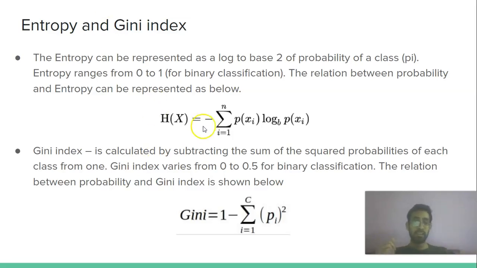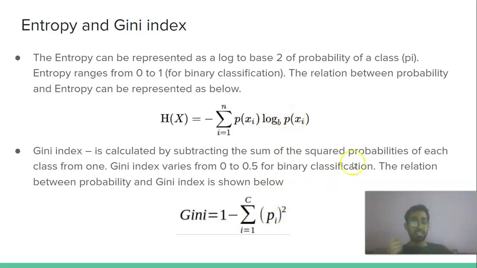So entropy is the negative summation of p(x) into log of p(x), where p(x) is the probability in that particular child node. Let's say there are 4 unfit and 1 fit, so the probability of unfit is 4 by 5 and the probability of fit is 1 by 5. We do this summation over all: 4/5 times log of 4/5 plus 1/5 times log of 1/5. I'll show you an example of this.